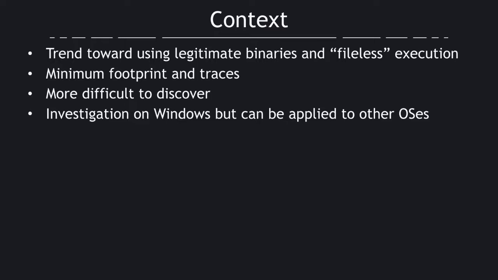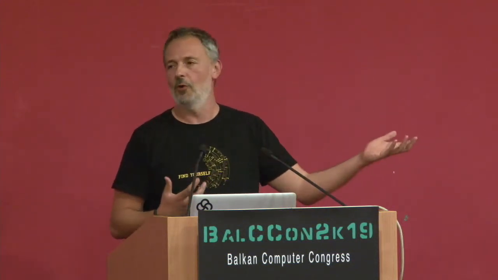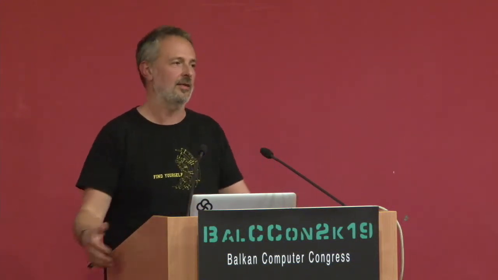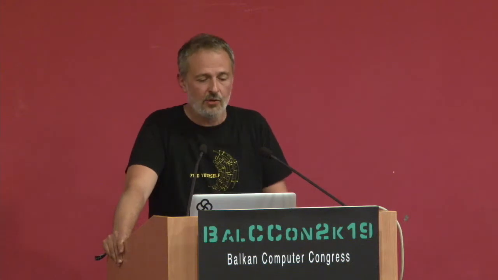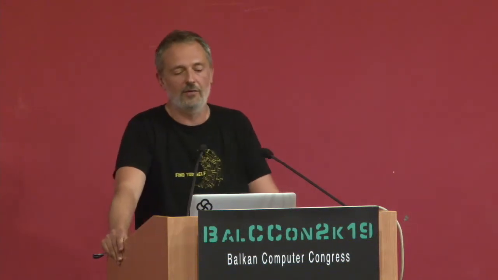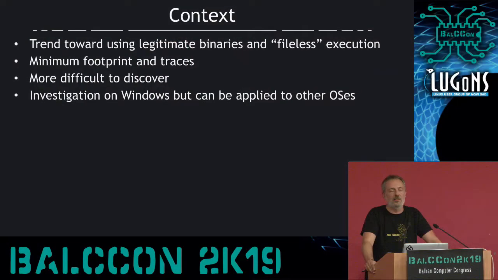The idea is that even if you have anti-malware software or some kind of process, it would be more difficult to detect the illegitimate activities if everything used, from the point of compromise to the point of the realization of the goal for the attacker, is standard executables. It leaves minimum footprint and is more difficult to discover. We mostly investigated on Windows, but the same idea can be applied to other OSs.